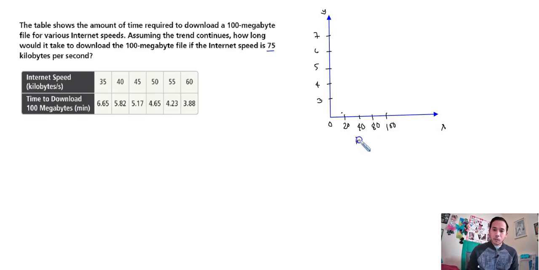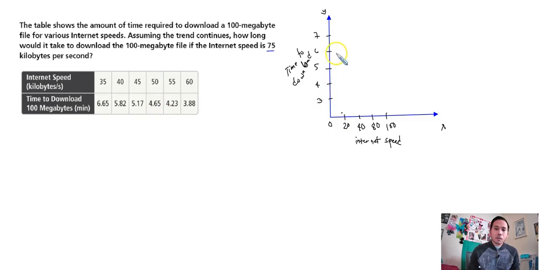This is your internet speed, and this one will be your time to download in minutes. Now, we have to graph that, and then we'll put the scatter plot here, 6.65.